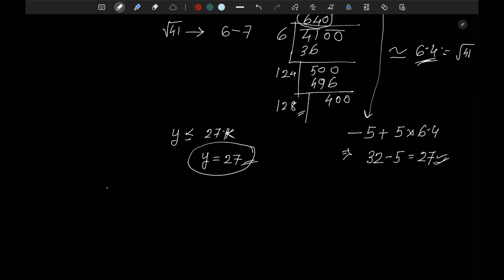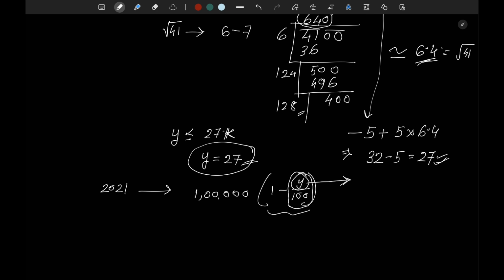We had to find the population in 2021. That was, if you remember, this value into 1 minus y by 100. Now notice that the more value this y takes, the more value this fraction takes, and the lesser and lesser will become this 1 minus value, the value within the parenthesis. That means more the y, lesser the value of population.